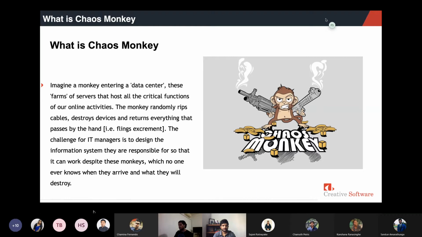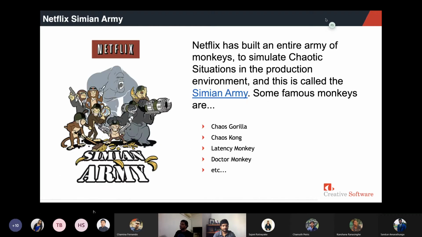So Netflix came up with an army of monkeys, which is called the Simian Army. They have created several applications. Chaos Monkey is used to simulate the disappearance of instances in a system, and Chaos Gorilla is used to simulate availability zone failure.